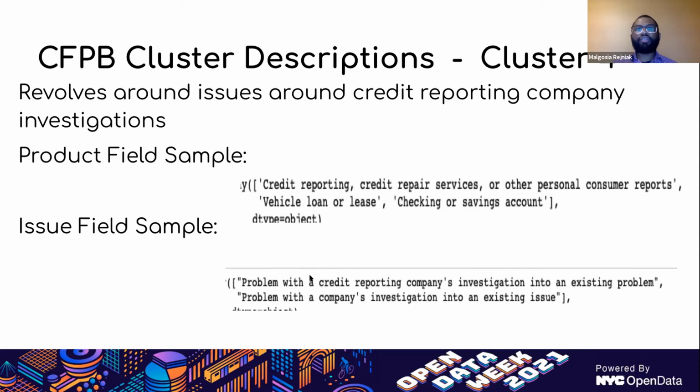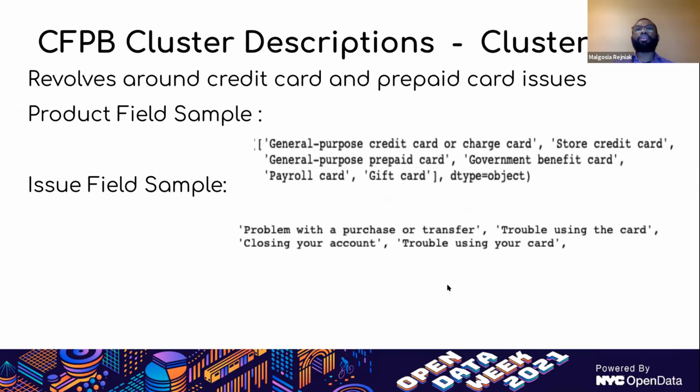You can kind of see the anecdotes here that were extracted from the body. Problems with a company's investigation into an issue, things like that. And then the final cluster, cluster 5, was focused around credit card and prepaid card issues. So general purpose credit card, store credit card, trouble using your card, things like that.